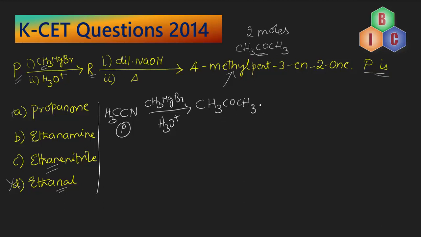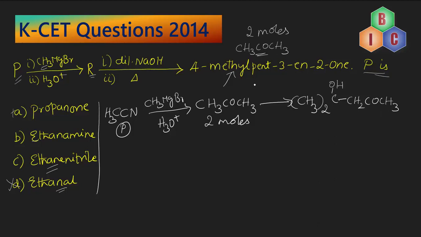Now this acetone, of course, we need to take 2 moles of acetone to obtain the aldol. So now the aldol will be (CH3)2C(OH)CH2COCH3.